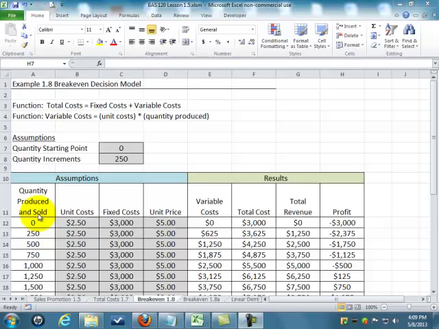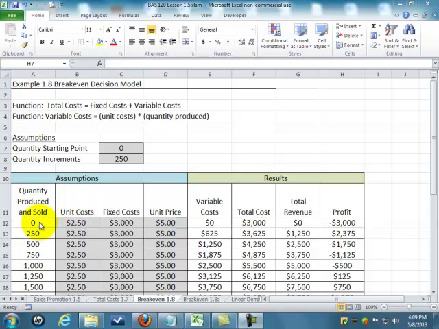We're making a very simplistic assumption right now that whatever quantity is produced is equal to whatever quantity is sold, which if you think about a real business, probably isn't true because they're going to have extra inventory and so on. But for now, as we're learning Excel and break-even, we're going to assume the quantity produced and the quantity sold are equal to each other.